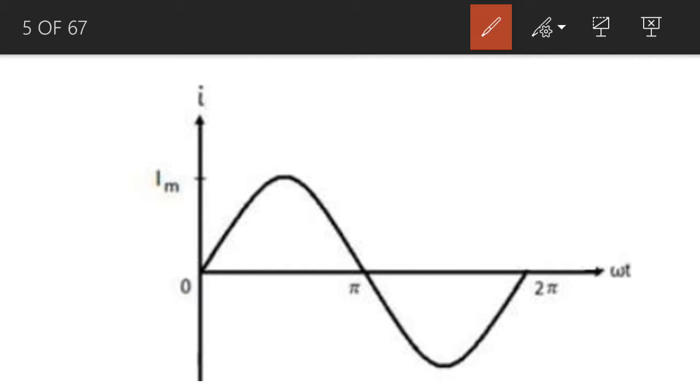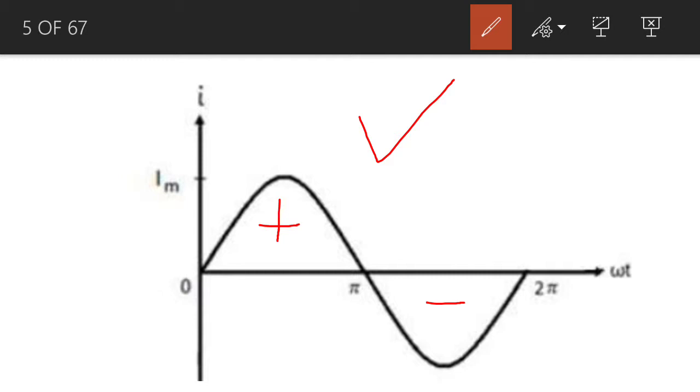This is the waveform for the AC current in this series circuit. We have considered one complete cycle of this AC current. Here is the positive half cycle, and here is the negative half cycle of this AC current.